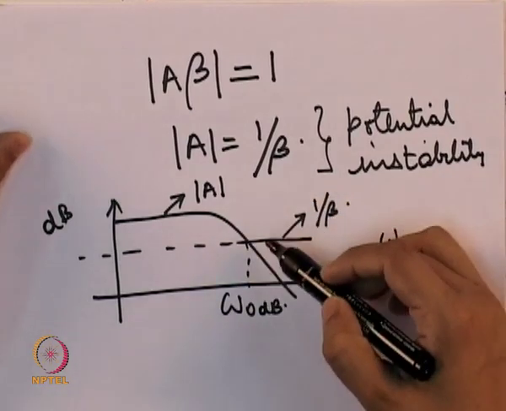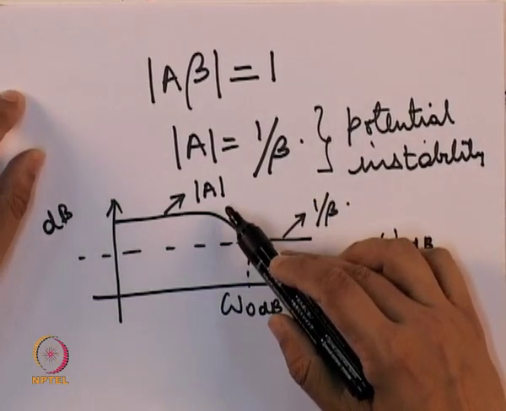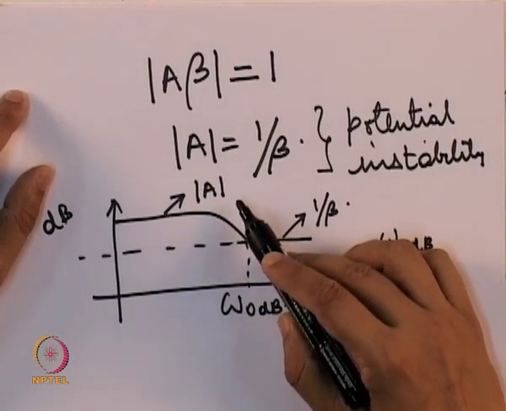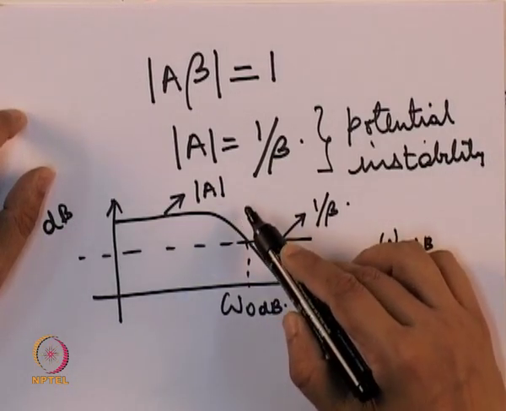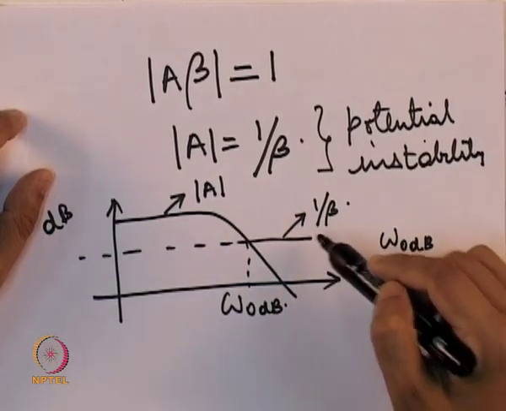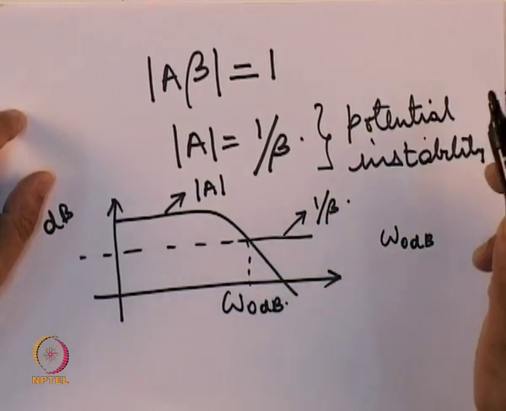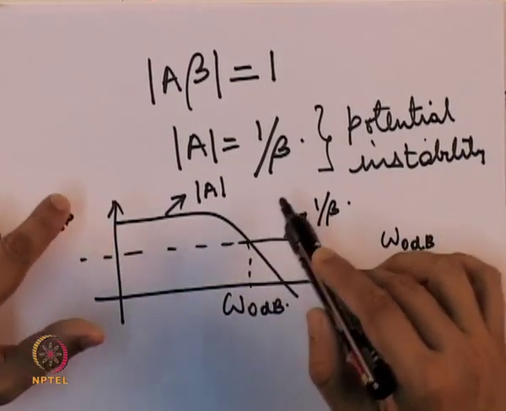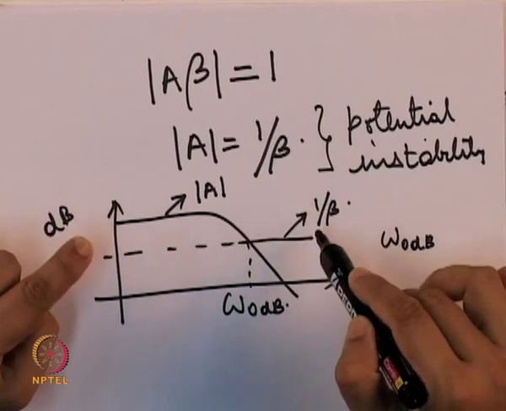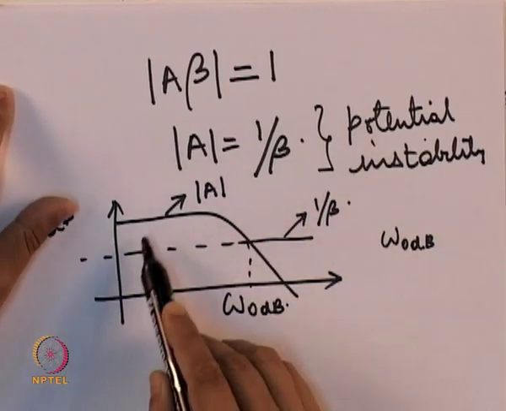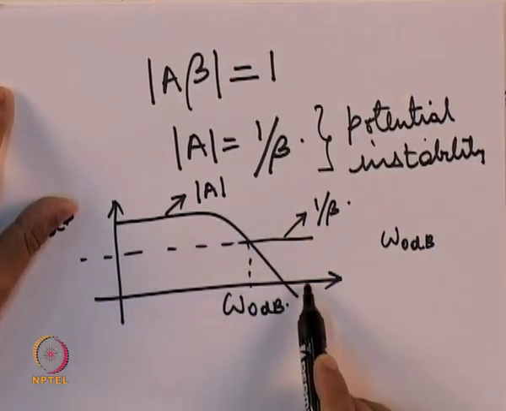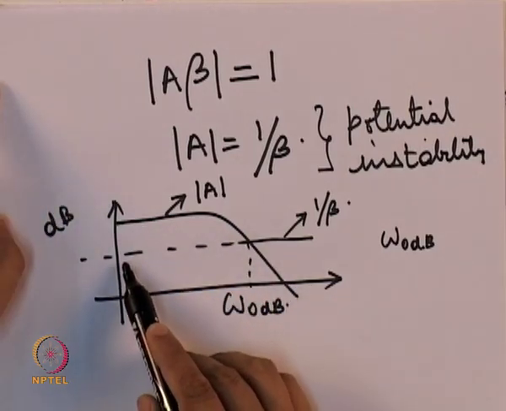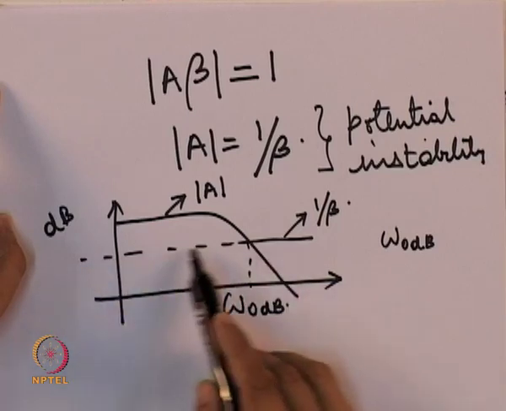So here what we have done is we have separated the open loop magnitude, the magnitude of the open loop transfer function, from the feedback network, from the gain provided by the feedback network. So, irrespective of what my feedback network is, this solid line remains the same, but depending on what my feedback factor is, this dotted line will change.